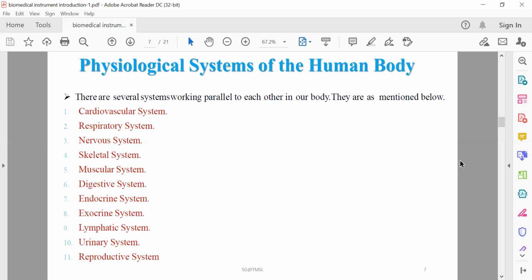Okay. Next one is the nervous system, basically the network of nerve cells and fibers which transmits nerve impulses between parts of the body. It consists of two main parts. One is the central nervous system, and the other part is called the peripheral nervous system.